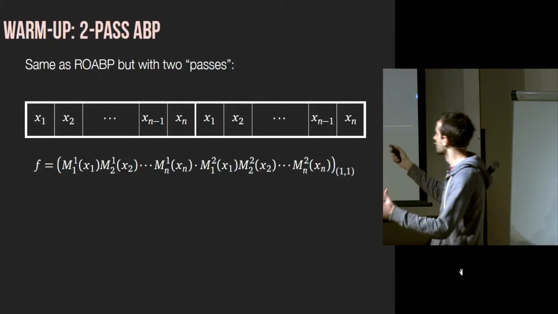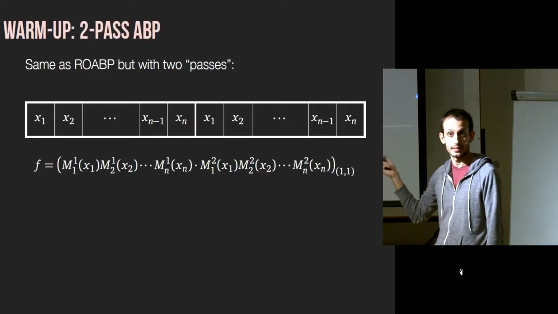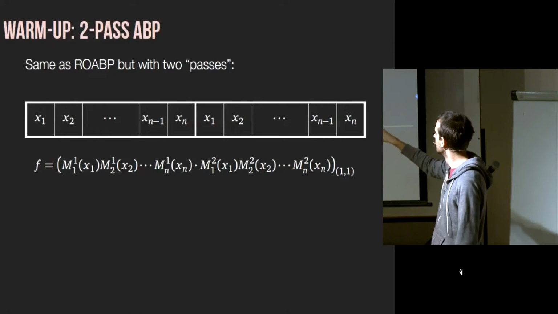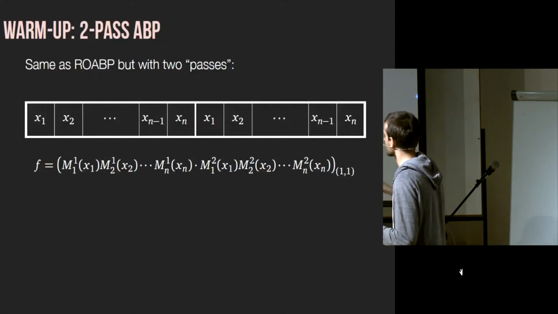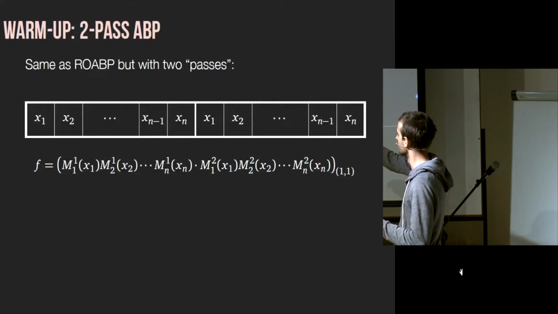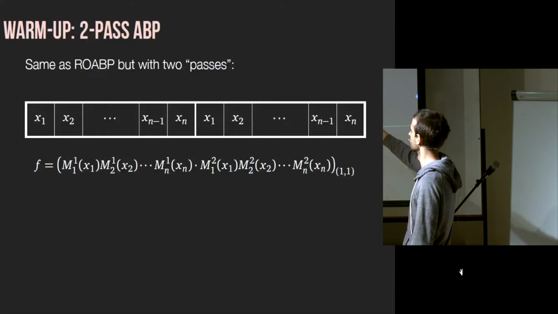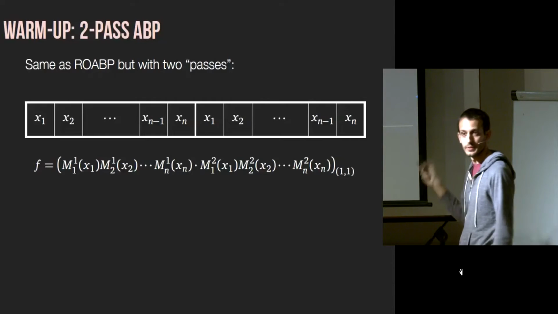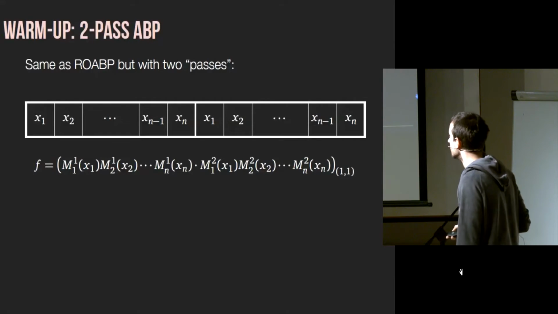I've expanded the thing a bit. I just wrote f as a multiplication of matrices. There are many indexes in this expression, but you have the first M of x1, then the first M of x2, up to the first M of xn, and then the second M of x1, and so on, and you end up taking the 1,1 entry of this thing.